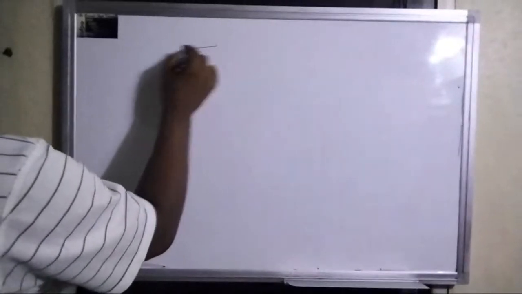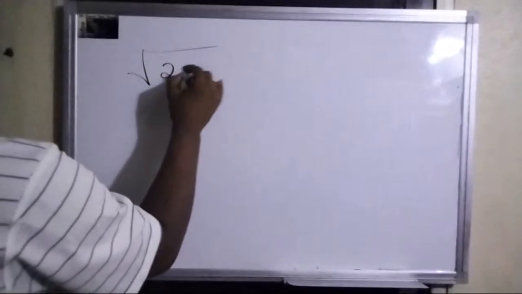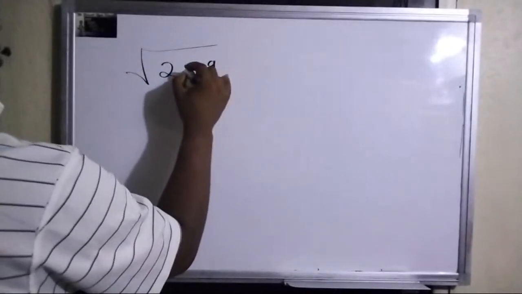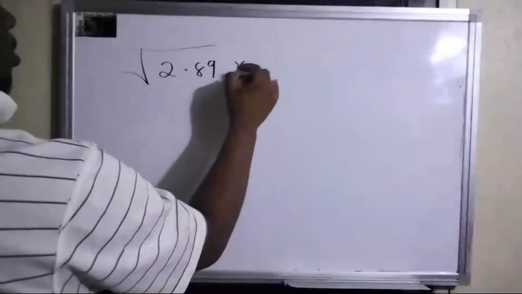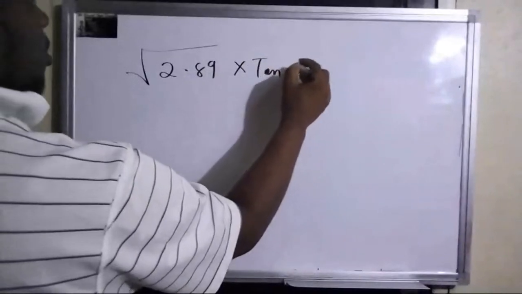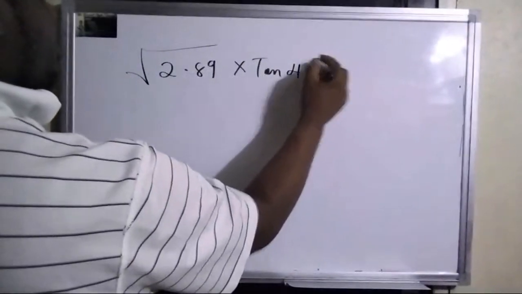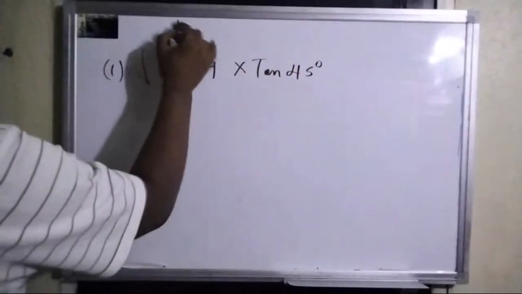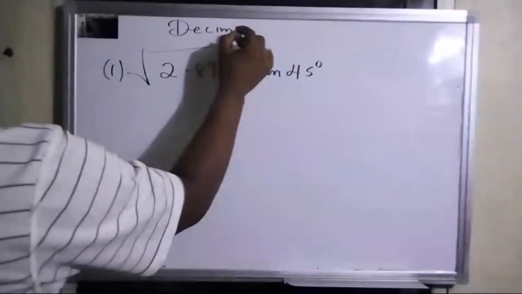I like this one. We did this already on the channel. Let us see if you guys remember. And remember, you are allowed your calculator. So this is 1. And this come under decimal.